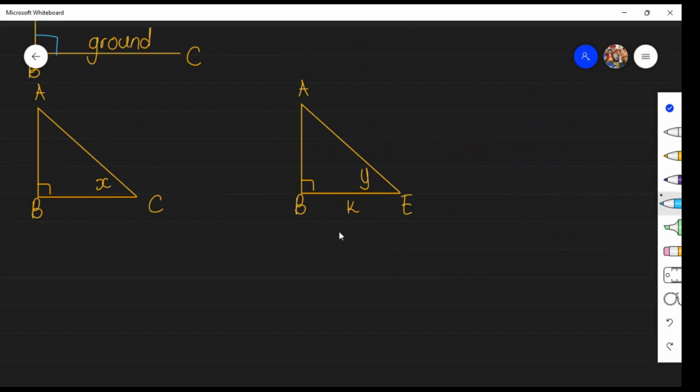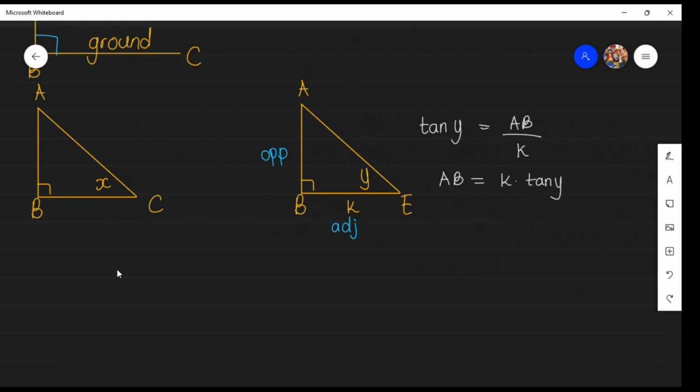If we want to use tan, we need the opposite and we need the adjacent. So tan of Y is equal to the opposite, which is AB, over the adjacent, which is K. From there, we can cross multiply and solve for AB, and we will end up with AB equals K tan Y. Now that is our value of AB.